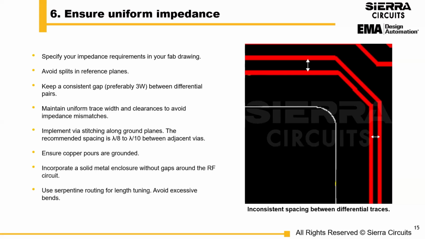Maintain uniform trace width and clearances to avoid impedance mismatches, and implement via stitching along ground planes. The recommended spacing, as mentioned, is lambda by 8 to lambda by 10 between adjacent vias. Ensure copper pours are grounded correctly and incorporate a solid metal enclosure without gaps around the RF circuit. Use serpentine routing for length tuning, but avoid excessive bends.